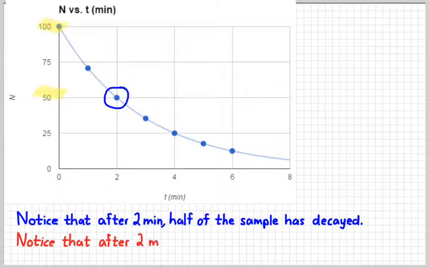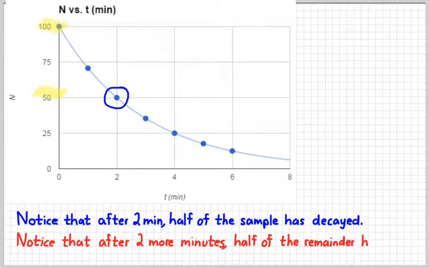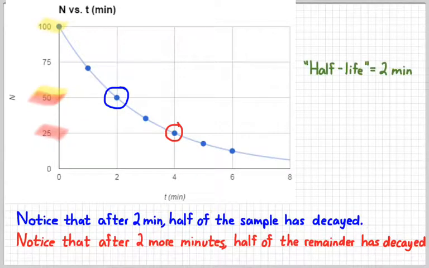Notice that after 4 minutes, 2 more minutes have passed, we have half the remaining number of atoms again. So at 4 minutes, we went from 50 undecayed atoms to 25 undecayed atoms. And so we would say that this particular element has a half-life of 2 minutes.